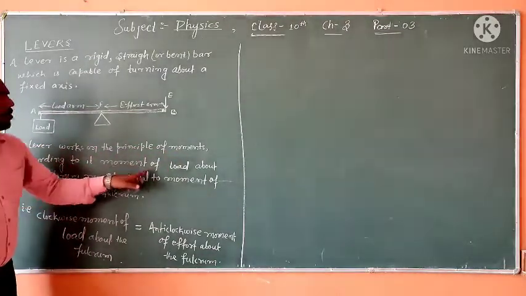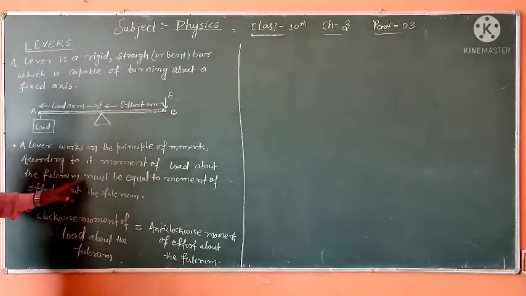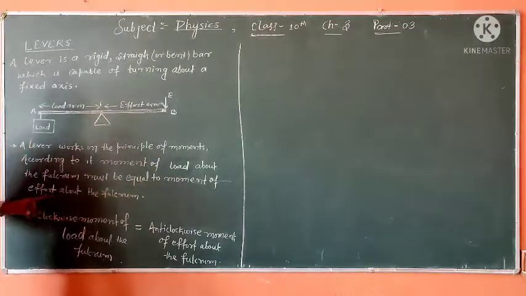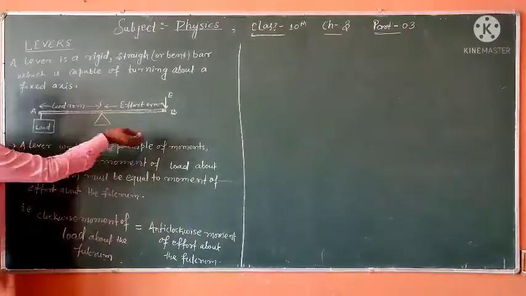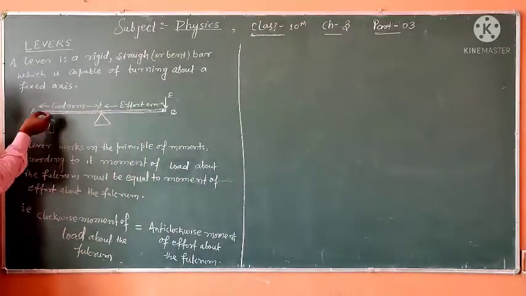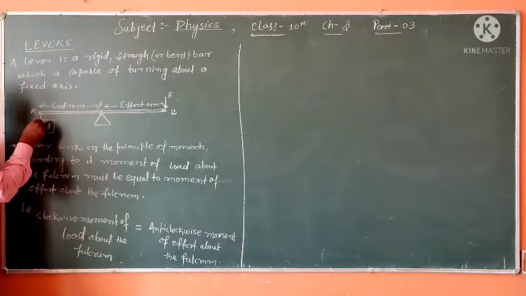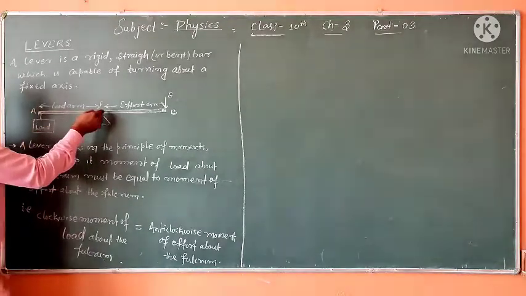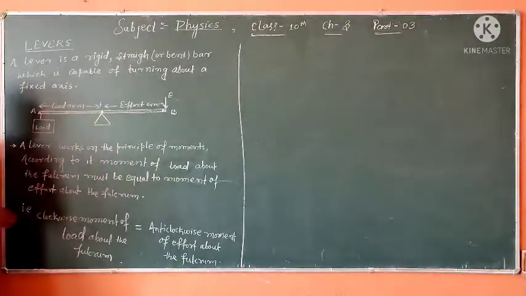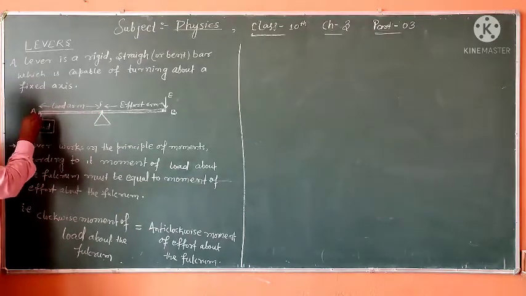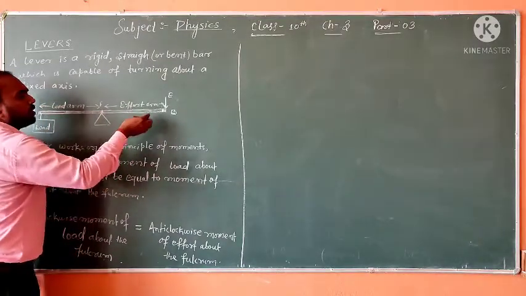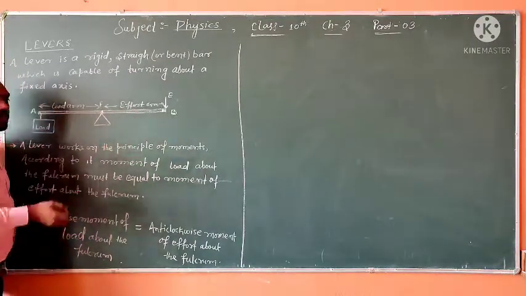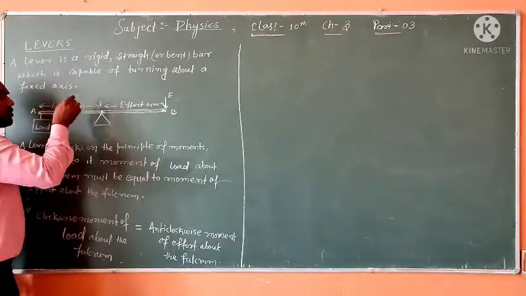According to it, the moment of the load about the fulcrum must be equal to the moment of the effort about the fulcrum. It means the moment produced by the load about the fixed point, the fulcrum, will be equal to the moment produced by the effort about that point.